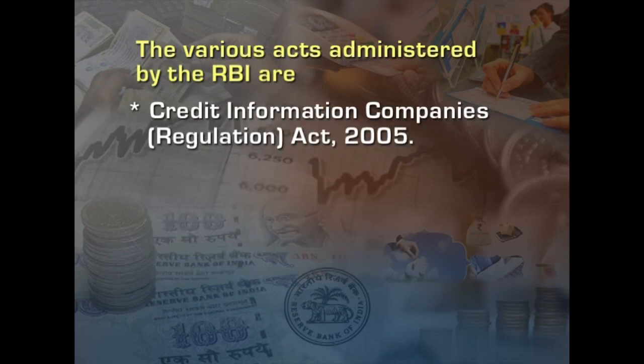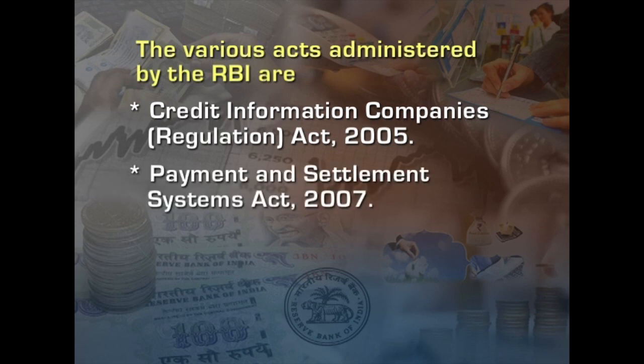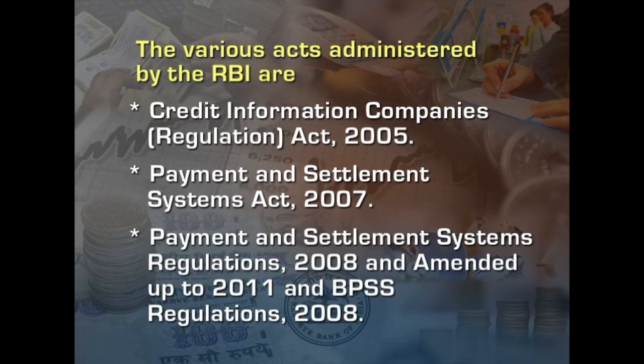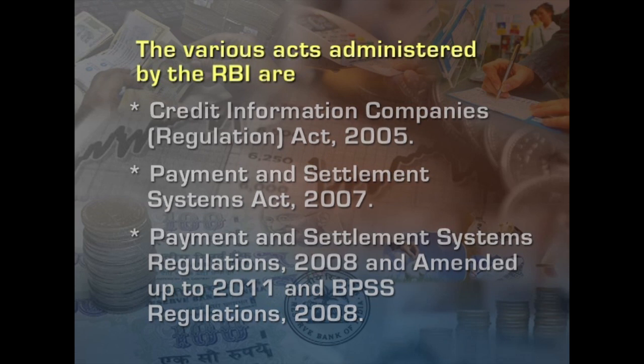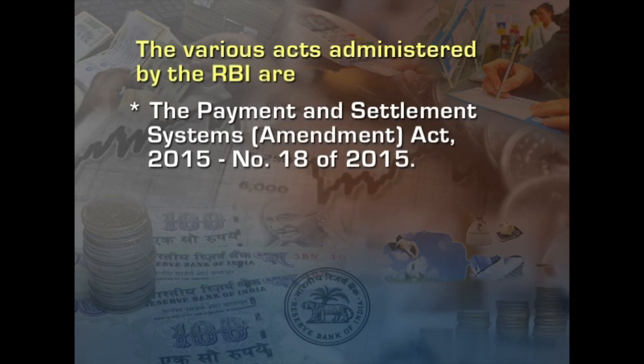Credit Information Companies Regulation Act 2005, Payment and Settlement Systems Act 2007, Payment and Settlement Systems Regulations 2008 and amended up to 2011, and BPSS Regulations 2008. The Payment and Settlement Systems Amendment Act 2015, number 18 of 2015.